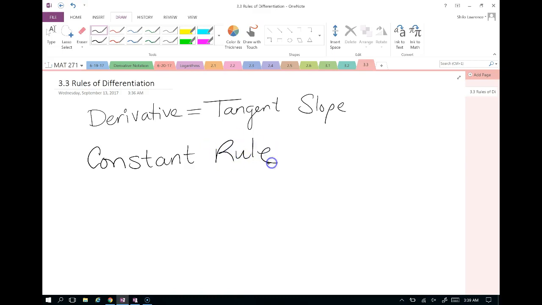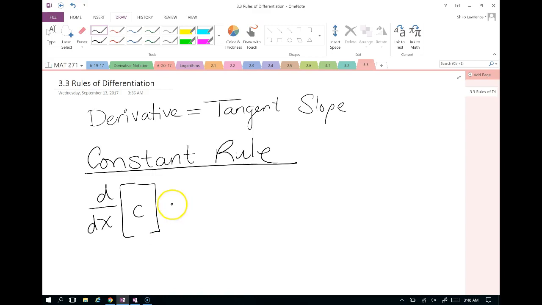So our constant rule, this tells us how to take the derivatives of constants, and a constant is just a number. So if we want the derivative for any constant, remember, derivative is tangent slope. So technically, what this is saying, I'm not going to tell you the answer yet. This is saying we have y equals a constant, and we want to know what its tangent slope is.